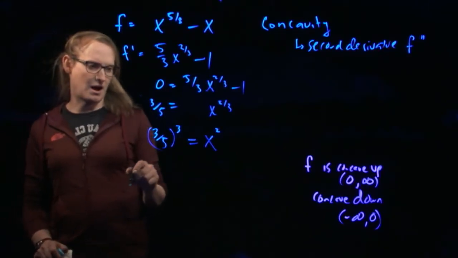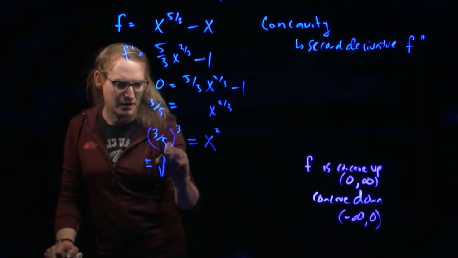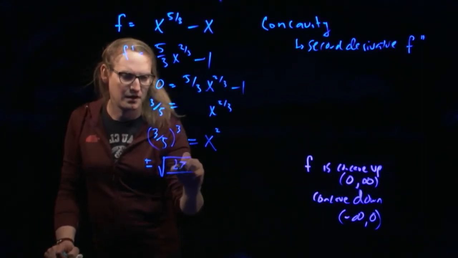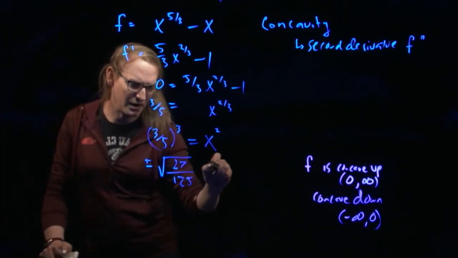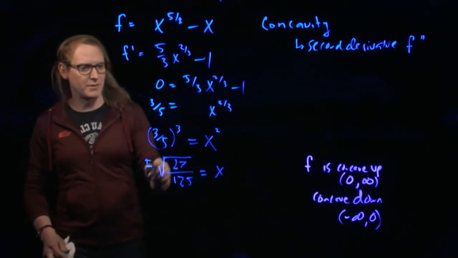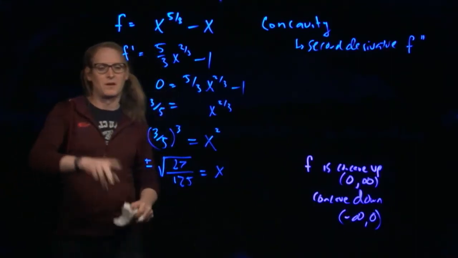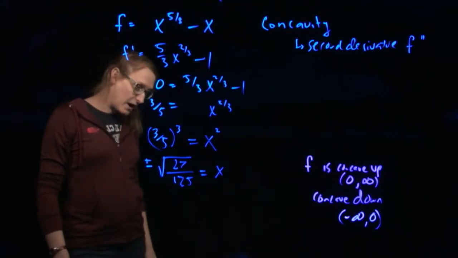And then we'll take the square root of both sides, and I'm going to have positive, negative, square root of 3 cubed is 27, 5 cubed is 125, and that's equal to x. So these are my critical points. So I have two critical points, positive and negative root 27 over 125.